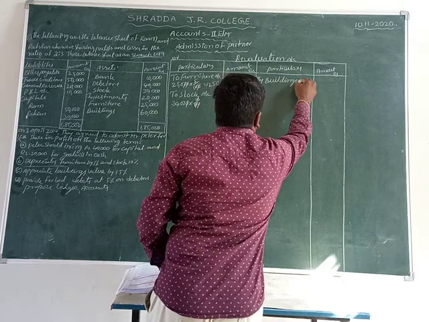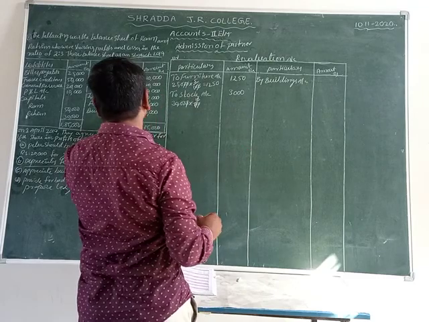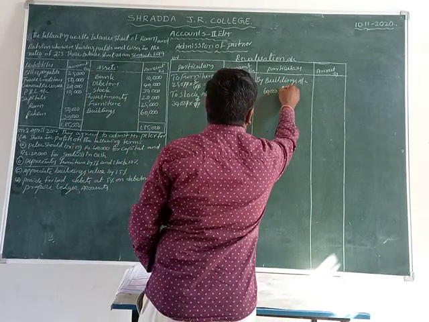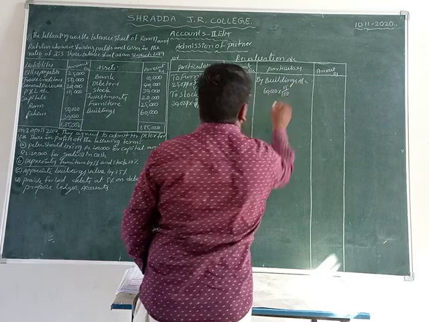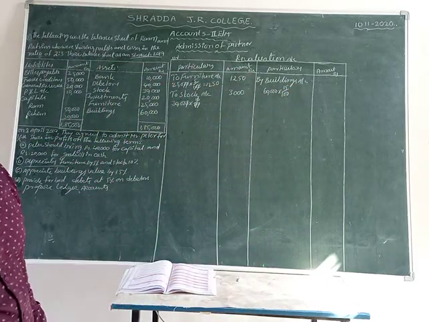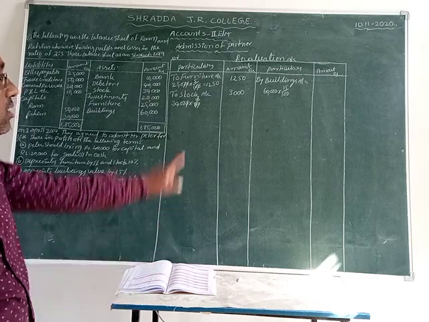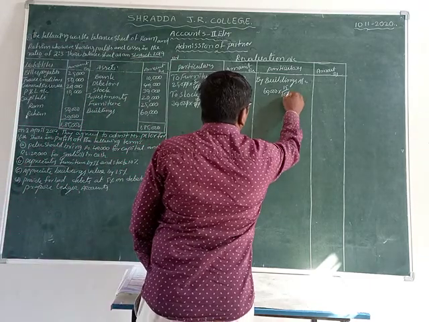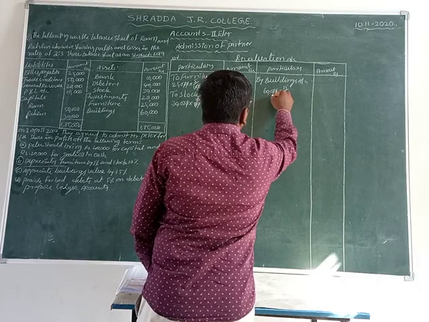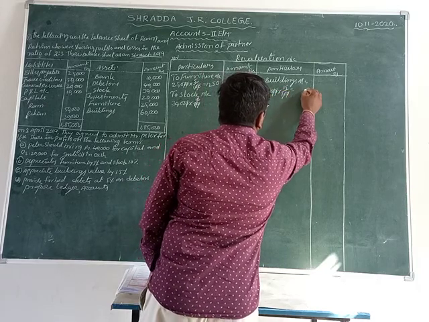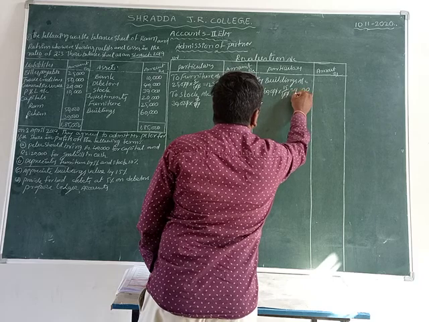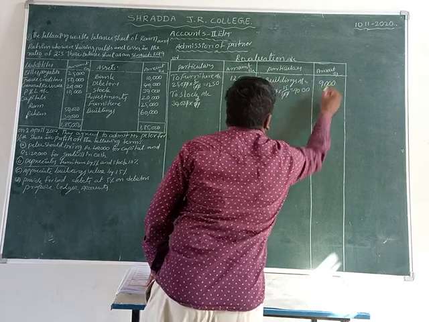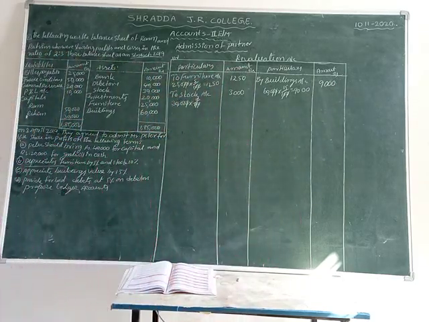What is the value of buildings here? 60,000 rupees is given. 60,000 rupees into 15 by 100, a 15% increase in the building's value, so we record it on the credit side. Zero to zero cancel, zero to zero cancel. That is equal to 1,500, 15 sixes are 90. That building's increasing value is 9,000 rupees.